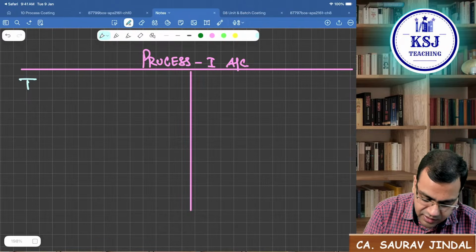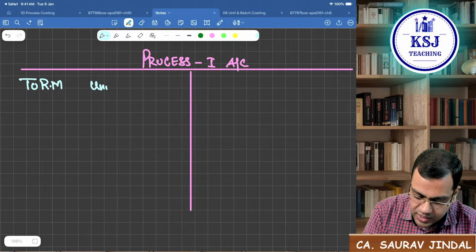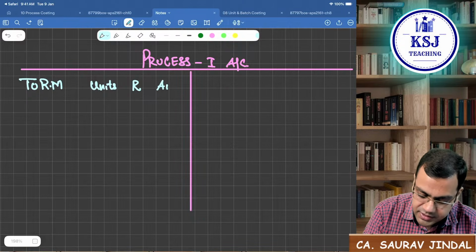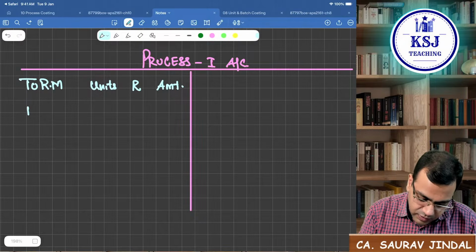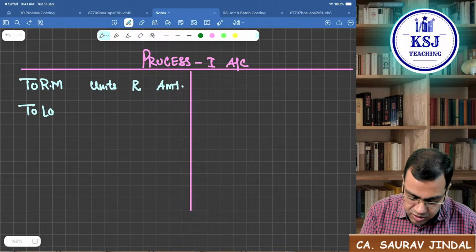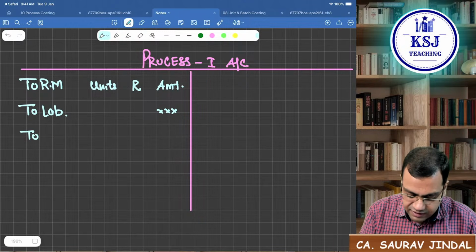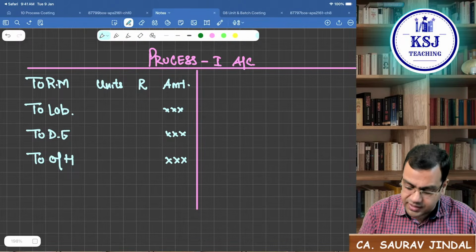So you'll write here: to raw material. How many units you have introduced, at what rate, and what is the amount of raw material. Then there will be labor cost, which you will write under the amount. Then if there are any direct expenses, we'll write the direct expenses. If there are any other overheads, we will write overheads here.